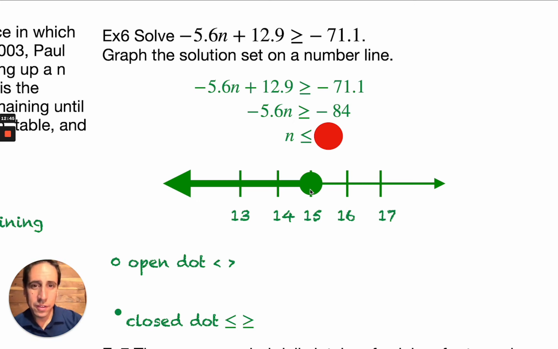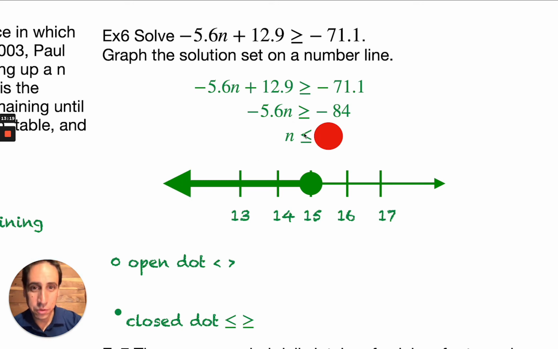So anyway, the boundary point is 15, and you can see 14. Oh, so I have to shade one of the sides. One really fun fact, maybe a quick mnemonic device to figure out which way you shade: if you have the variable and then the symbol and then the number in that order, not the number over here and the variable over here, but the variable on the left, then you can look at this symbol right here, and that's the arrow that has to get shaded.